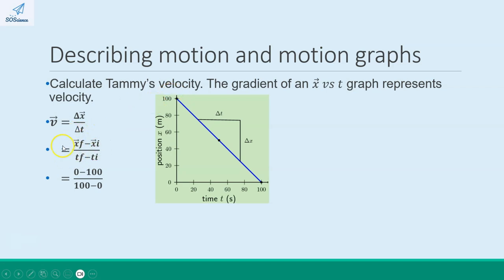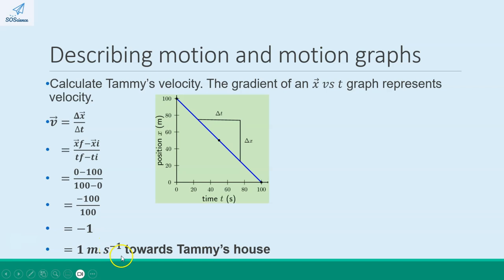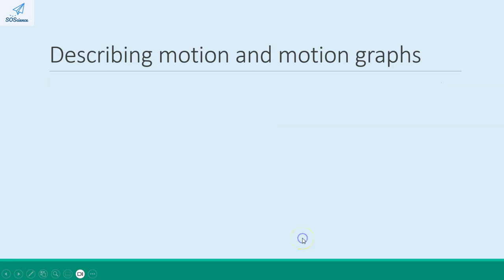So xf minus xi is represented by 0 minus 100. Time is 100 minus 0. As I already mentioned before, time can never be negative. So we end up with an answer of minus 1. And that means 1 meter per second in the negative direction, which in this case is towards Tammy's house.